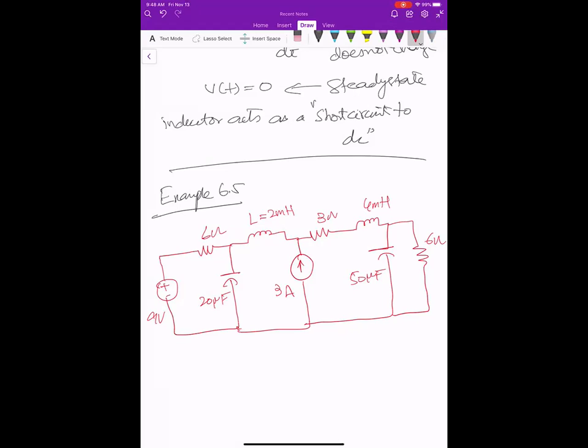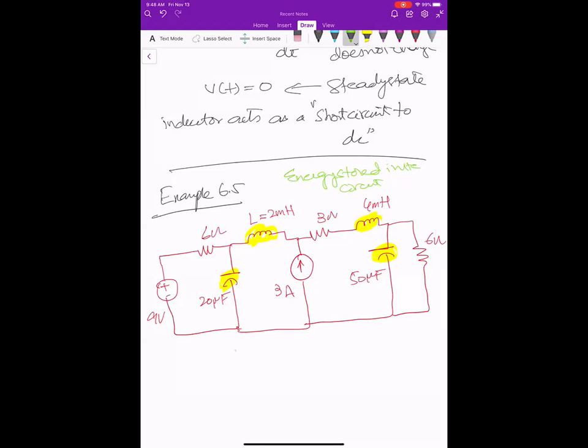To find that, we need to find the energy stored in the components that store energy, right? So which are inductors and capacitors. So this element will store energy, this element will store energy, this element will store energy, and this element will store energy.